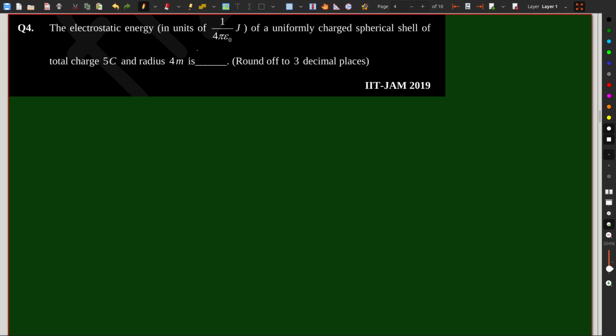Electrostatic energy in units of 1 over 4 pi epsilon naught, for a uniformly charged spherical cell, and the charge is 5 coulomb.